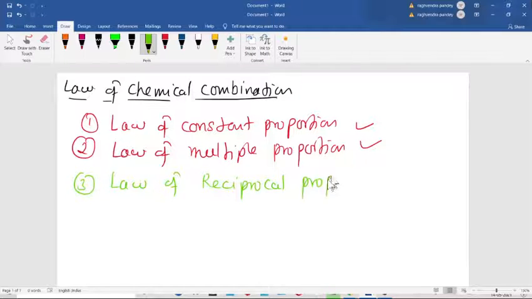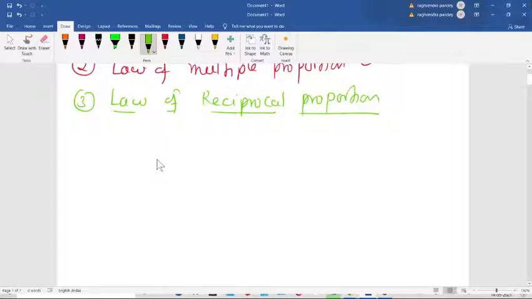Okay, these are given in NCERT. So let's do the third law, law of reciprocal proportion. There is nothing about the reciprocal, it is just that it was given in 1792, maybe 93, I don't know.